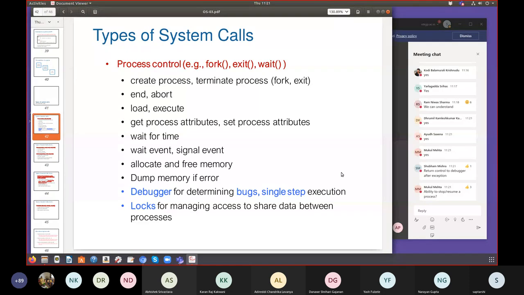Some other program will show it, that is the debugger. But then the mechanism will have to be that after your program executes every step, it should be stopped. The debugger should be run, and then the debugger will show you the value for that variable.